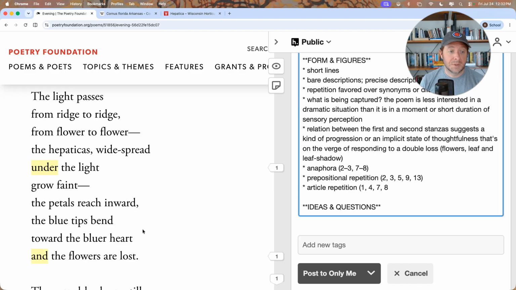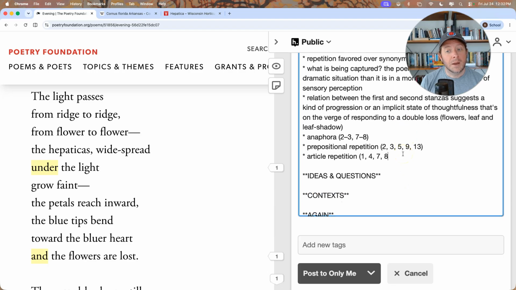7 to 8 with the petals, the blue tips. You kind of have 10 as well if you think of the and there, because it's the blue tips bend toward the bluer heart and the flowers are. So technically the second word of this line is also the.